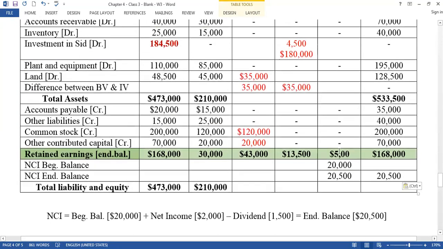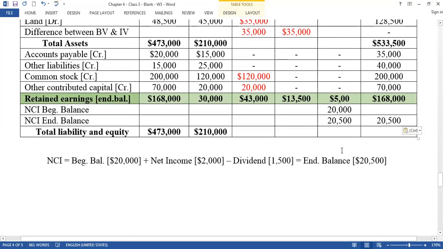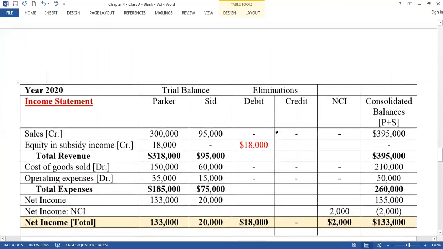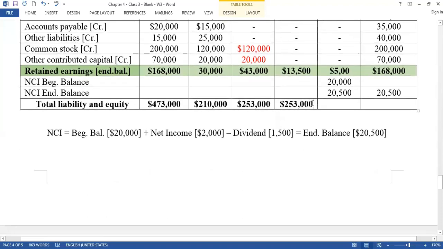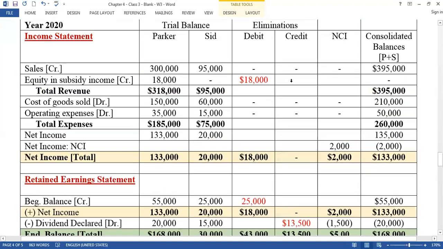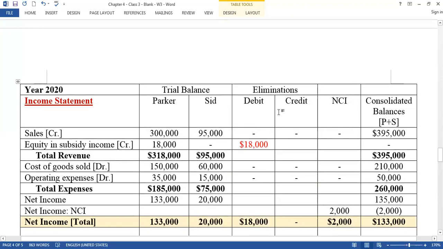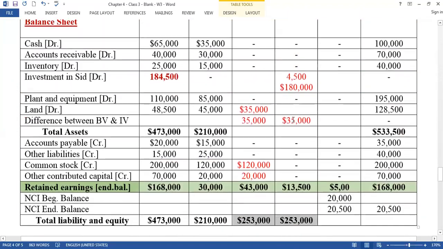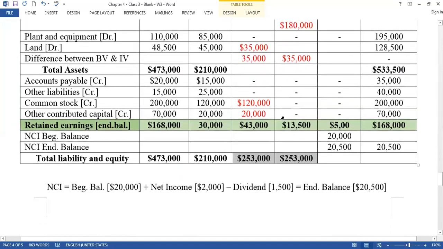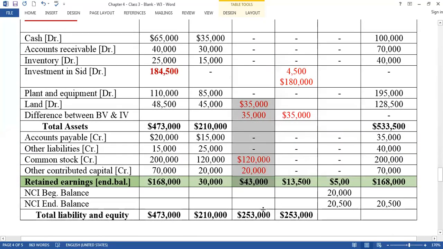Now we are done with everything. Now we can add all together to $53,000, because in the elimination entries these two numbers should be similar, because elimination has debit and credit, so debit and credit should be similar. If you add these things, you will find this number.